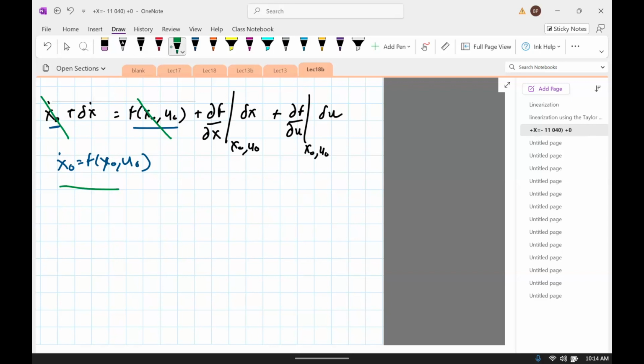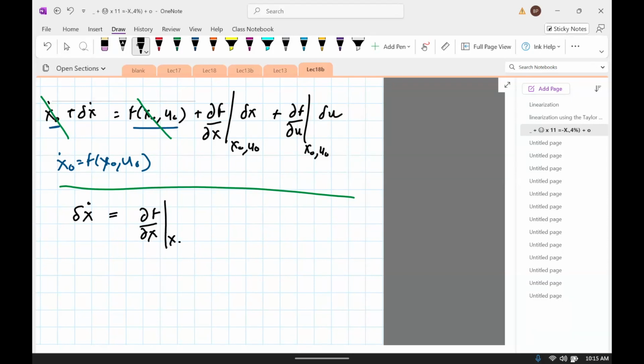Okay, and so I'm left with delta x dot equals df/dx at x0, u0 times delta x plus df/du at x0, u0 times delta u.